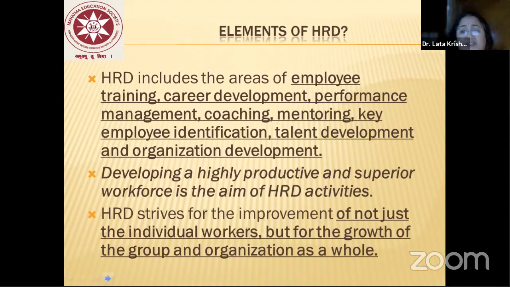So, what is all this? Let us try and understand. Training, we understand. Training is making sure that your employees have a particular skill, have new knowledge to do their tasks. Career development, very important.